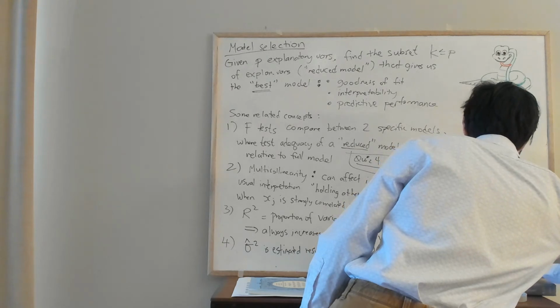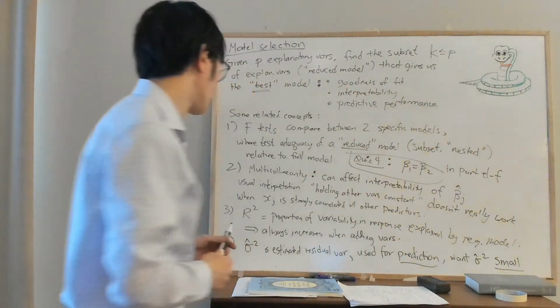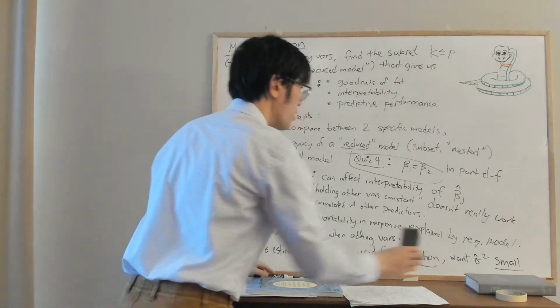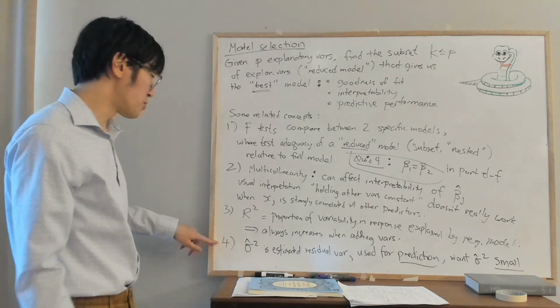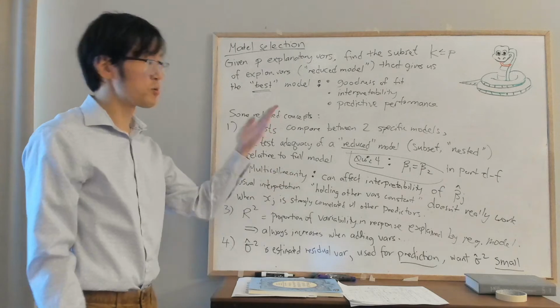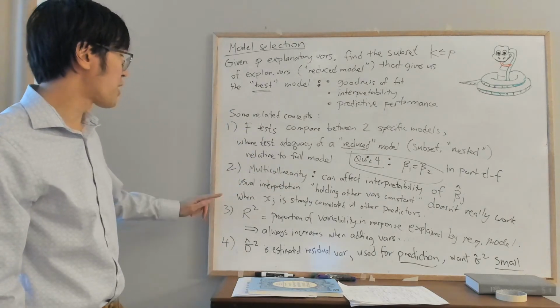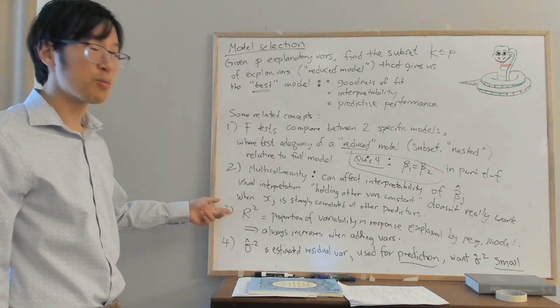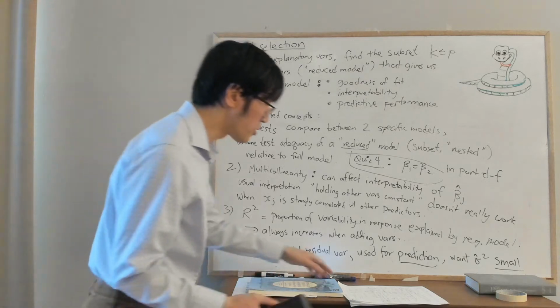Based on this point, we say we want the estimated error variance to be small, so that we can make more precise predictions. That is in fact related to the first metric I'm going to talk about, which is an adjustment on R squared.